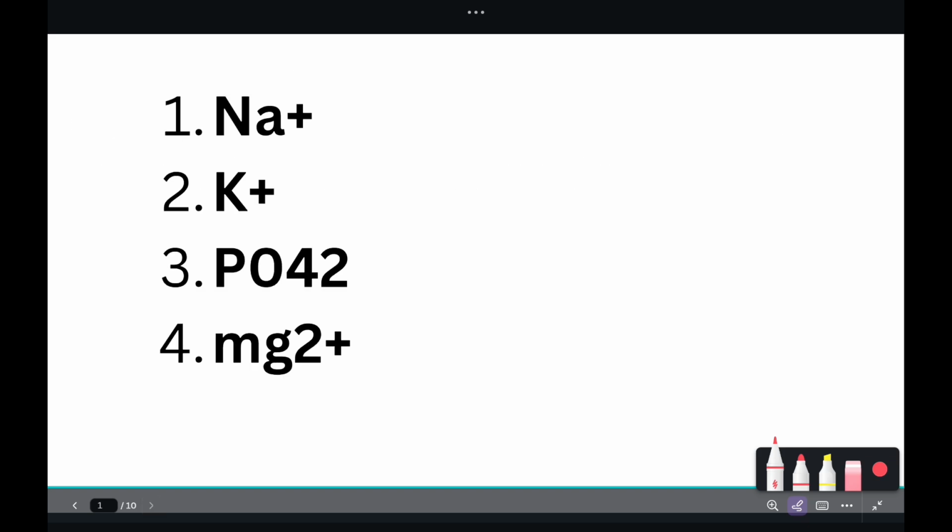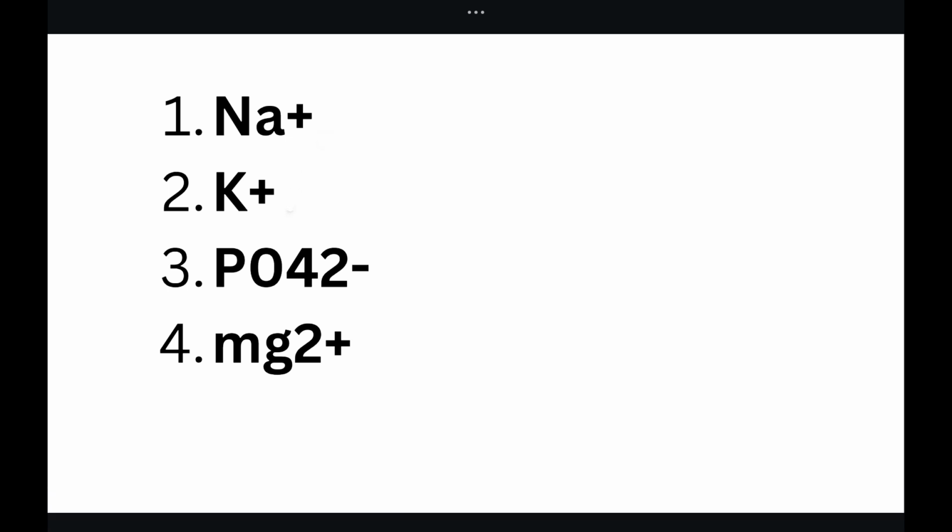So let us see the given options. Option 1 is sodium, option 2 is potassium, option 3 is phosphate, option 4 is magnesium. So the correct answer is magnesium.